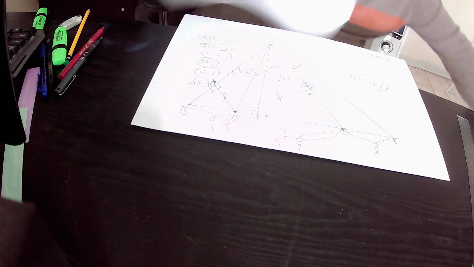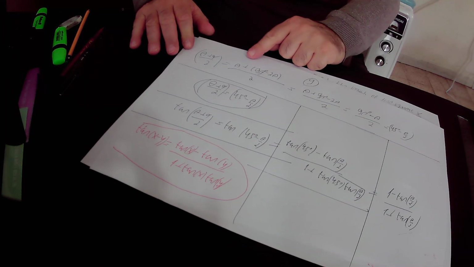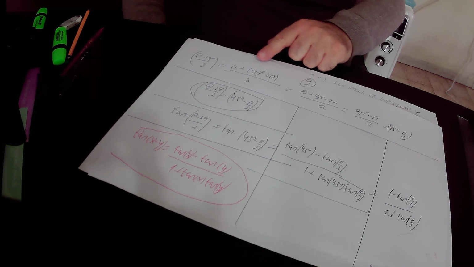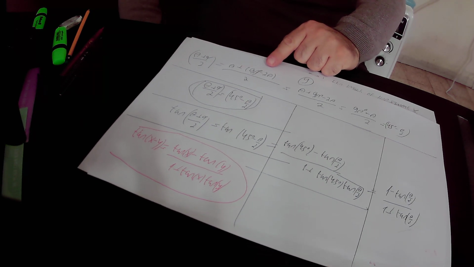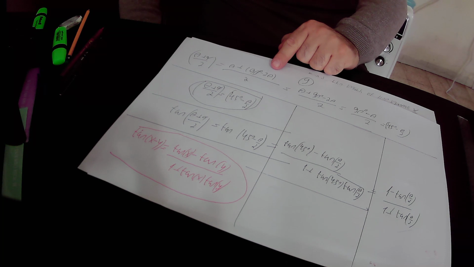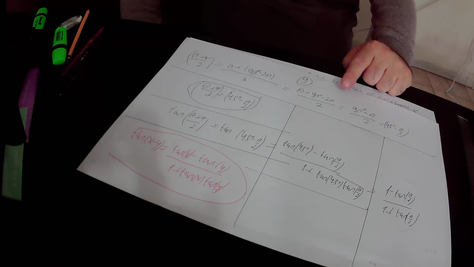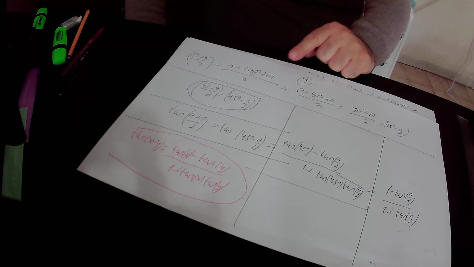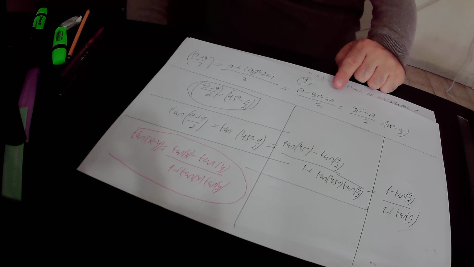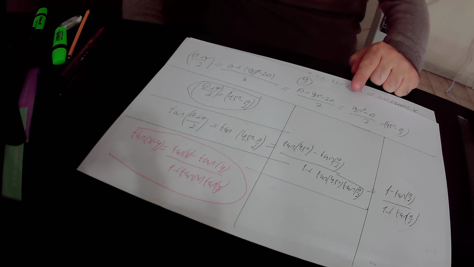The value of (theta + alpha)/2 is theta plus alpha over 2, and we have already found that alpha equals 90 degrees minus 2 theta. So we substitute alpha by (90 degrees minus 2 theta) divided by 2. We open the brackets and get theta plus (90 degrees minus 2 theta) over 2.